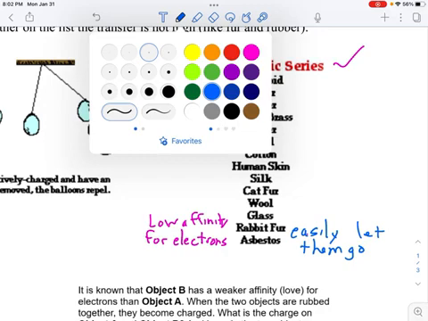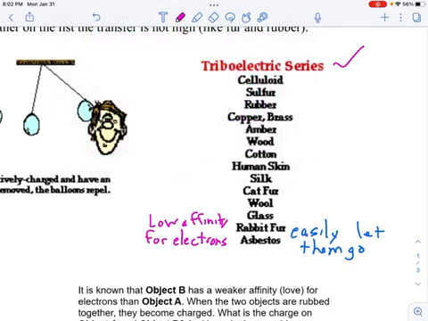Now up here at the top, you have a high affinity for electrons, which means they will easily take them. In fact, they want them.